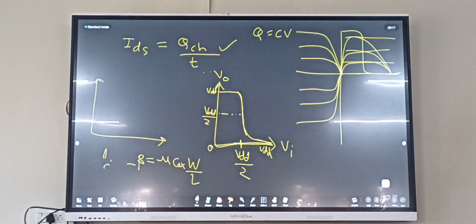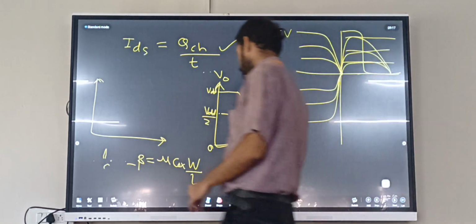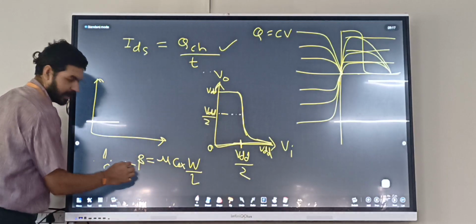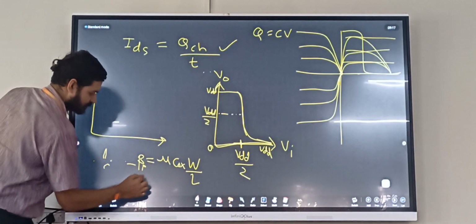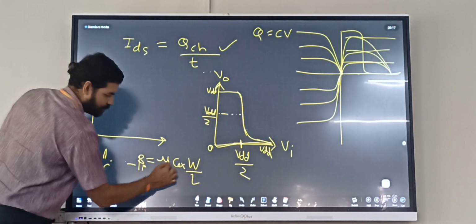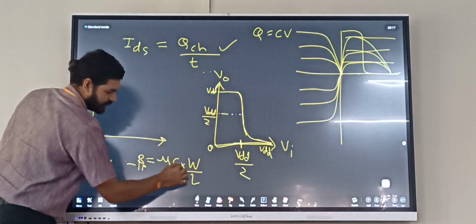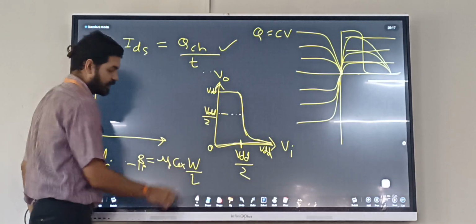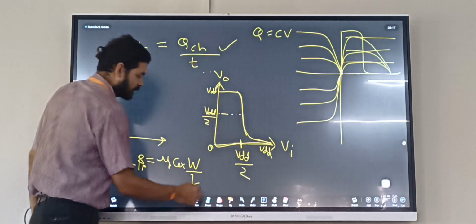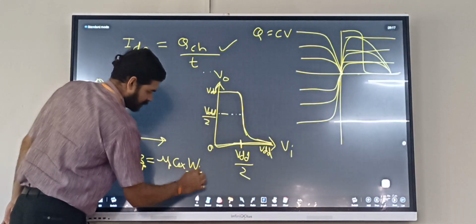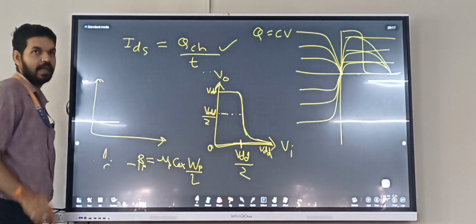Ratio of beta means beta for PMOS and beta for NMOS. So if I write this for PMOS, beta P will be mu P, COX is a general term, W and L. WP I can write. L cannot be changed.